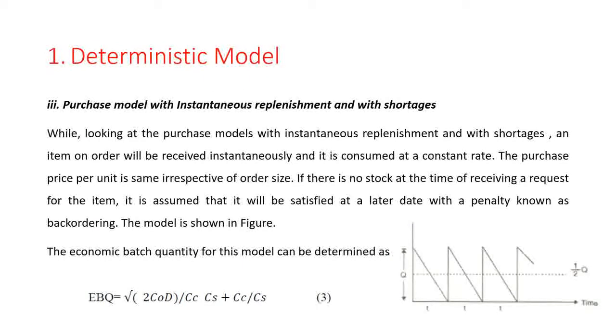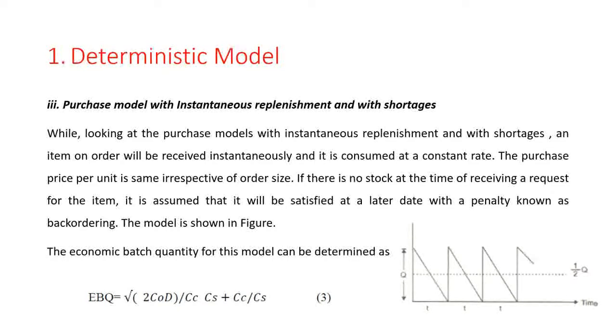Then the third is the purchase model with instantaneous replenishment and with shortage. In the first part we discussed the purchase model with instantaneous replenishment and without shortage, but here we have shortage.